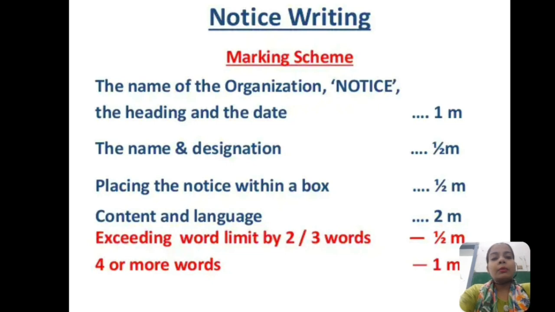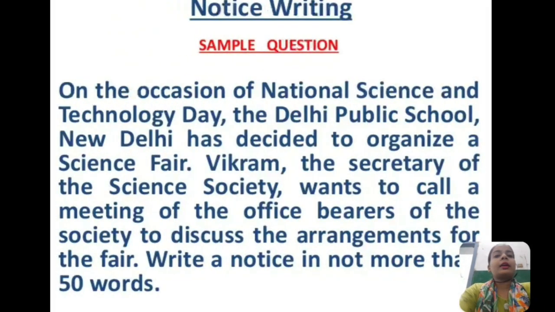Placing the notice within a box also gets half a mark. For content and language, you will get 2 marks. If you exceed the word limit by 2 or 3 words, half a mark will be deducted. And if you exceed by more than 4 words, then 1 mark will be deducted from the total. So this is the marking scheme of writing a notice.